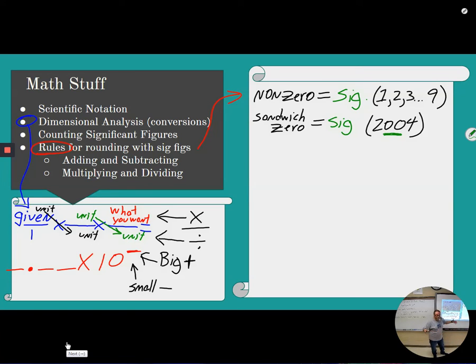It does not matter how big the sandwich is. They are significant. What if it was 20.04? They are still significant, so now I made a clown face. Okay, questions? All right. So then what about what are called following zeros?